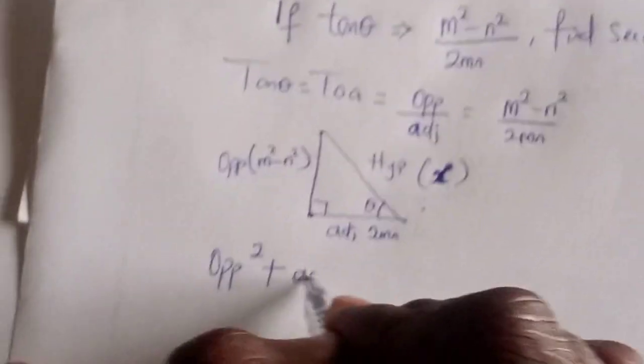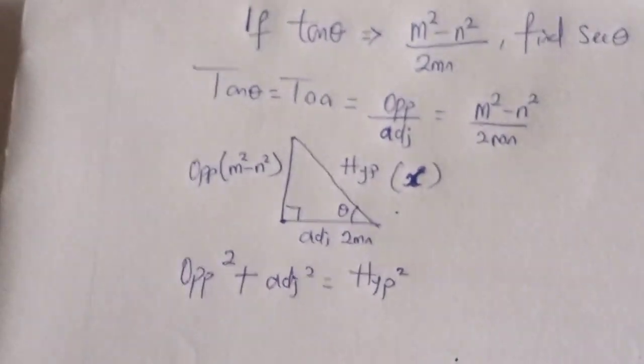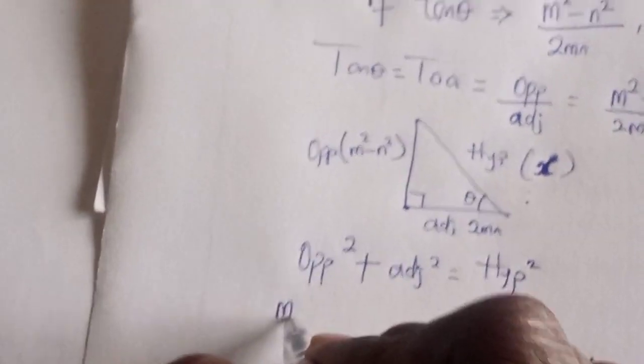Then, using the Pythagoras formula, which says opposite squared plus adjacent squared equals hypotenuse squared.